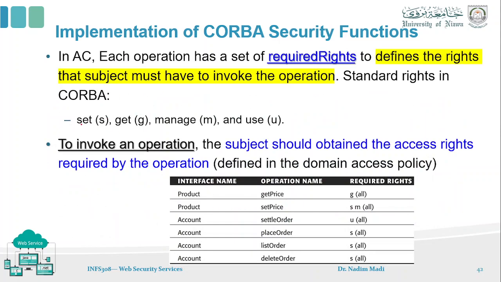So here we have different access rights طبعا: set, get, manage, and use. Okay, set, of course, is to set what kind of access level to be used. طبعا this is assigned by the server. Get, that's for the client. In order to get that right, the client needs to know what kind of access level it should get.